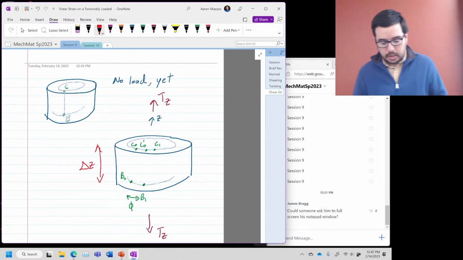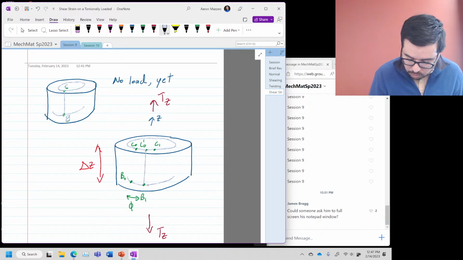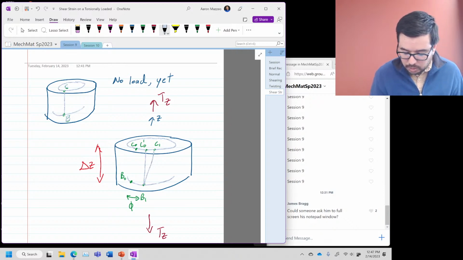So let's take a look at what's happening here. If there's some twist in here, what does this begin to look like? And imagine there was another point and another point over here and another point. Let's just say there was another point over here and another point over here, another point over here, right? What are we starting to see?